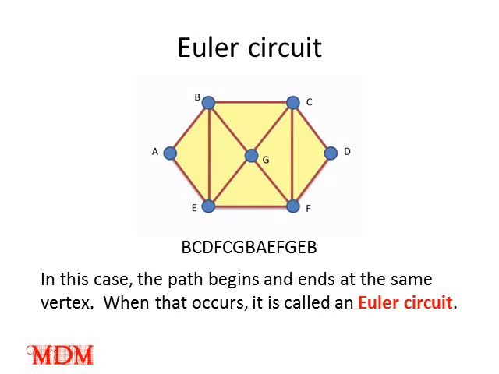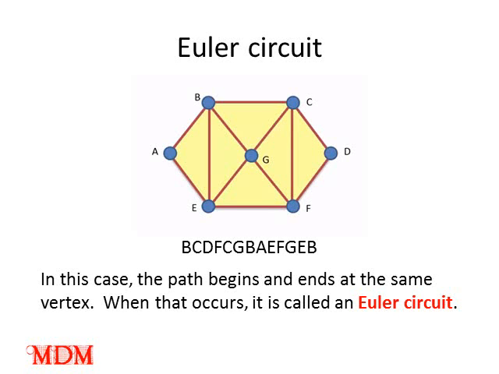Now look at the graph that we had earlier. Notice that these edges are all connected, so we know that that meets that condition. And then as you look at the vertices, A has valence 2, B has valence 4, C has valence 4, D has valence 2, E has valence 4, F has valence 4, and G has valence 4.